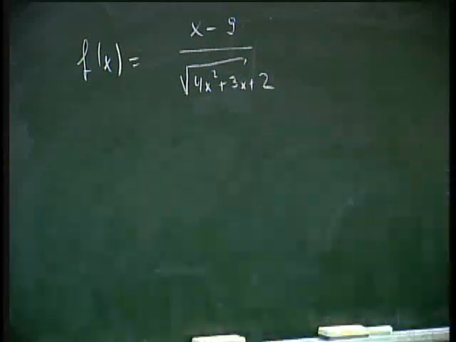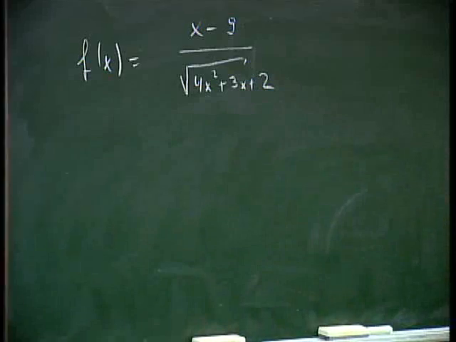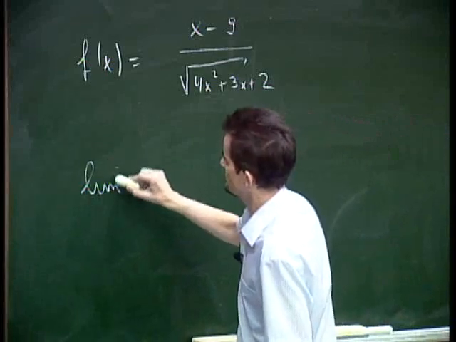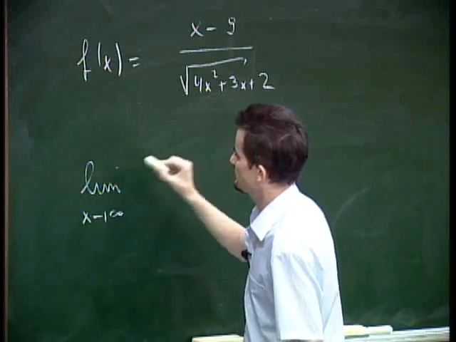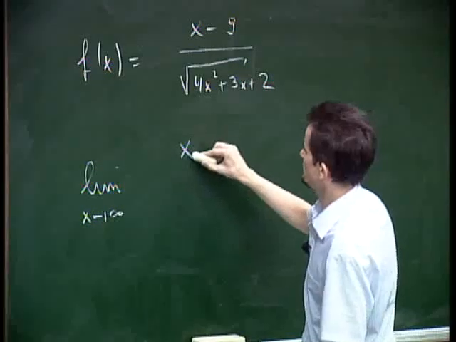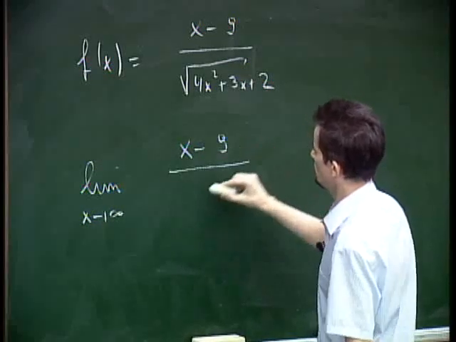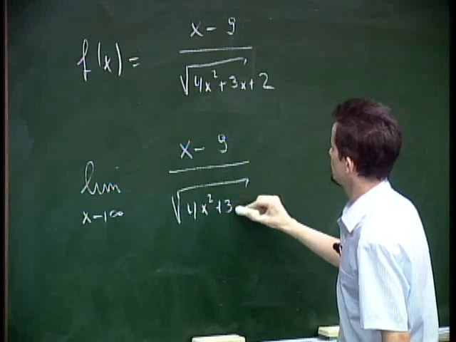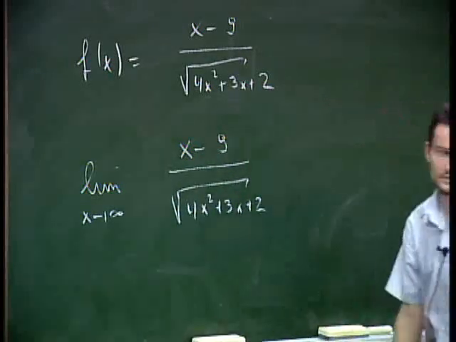Okay, so if you are asked to find horizontal asymptotes of such a function, of course this is not much more complicated. So we are interested in the limit as x tends to infinity. Now we can write this as x minus 9 over the square root of 4x squared plus 3x plus 2.